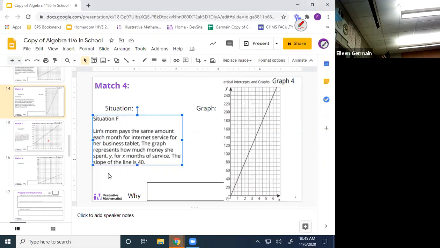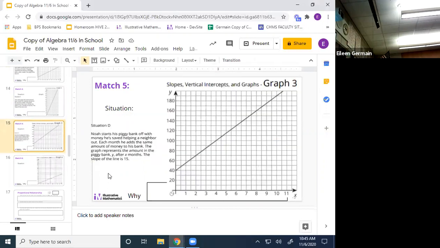Adam, what about this one? Let me just switch it. Give me 1 second. Sorry, guys. What about this graph right here? Adam, what do you think about this one? Why do you think it's proportional? Proportional means it goes through which point?